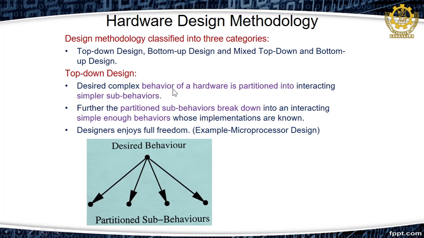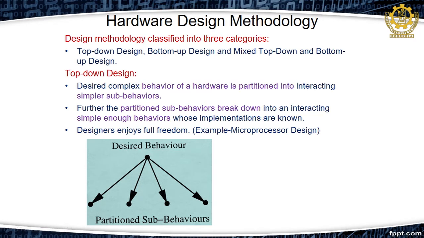So, the desired complex behavior of the hardware is partitioned into interacting simple sub behaviors. That means sub behaviors should also have interaction with each other to form the top level main desired behavior. Understood? Then the partition of the sub behaviors breaks down further, with interfacing simple enough behaviors whose implementations are known.